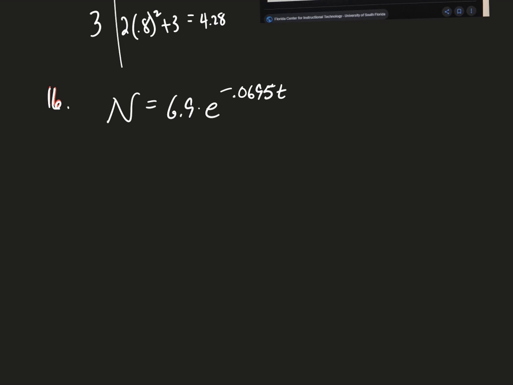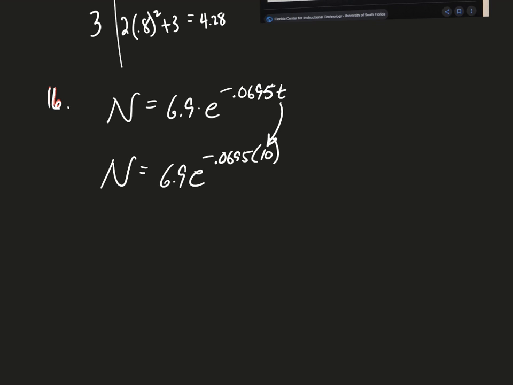So it gives us that equation after all of the explanation. And then what it asks is how many picograms of nitrogen 13 remain after 10 minutes. So what they want us to do is put in 10 for T.